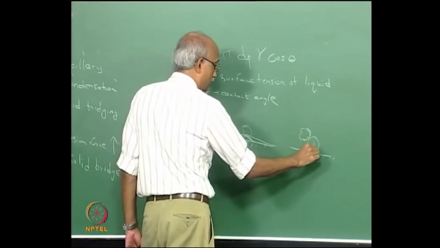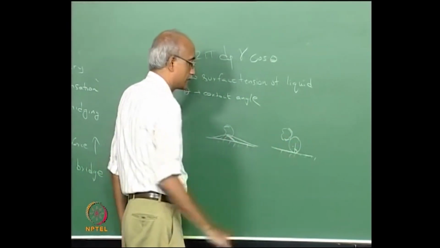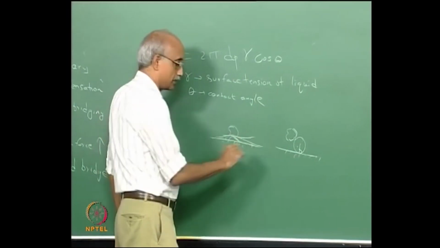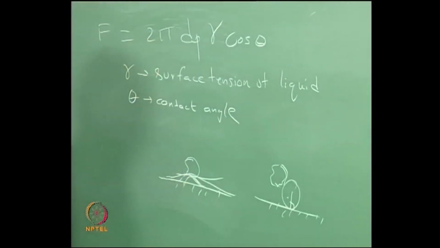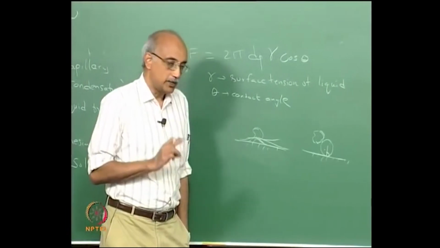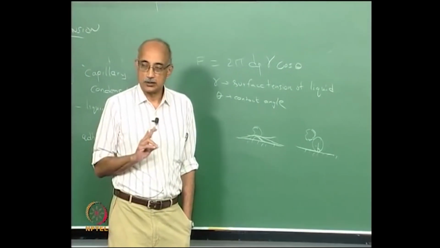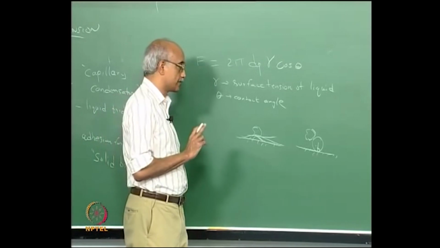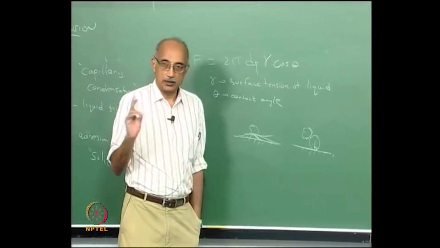As the contact angle approaches 90, this will approach 0, versus a low contact angle in this case. So, surface tension forces can play a huge role, but not always. You have to match the liquid to the particle and the surface.